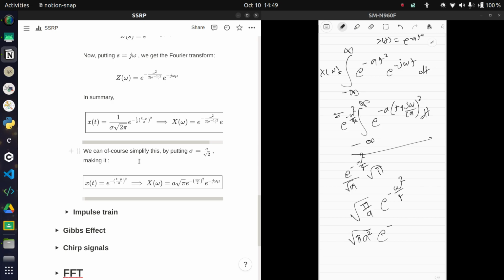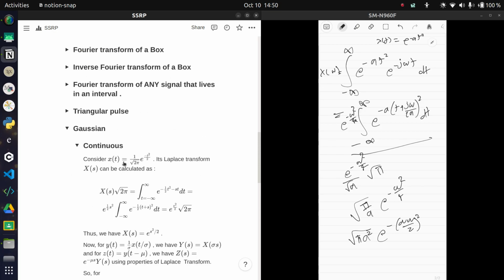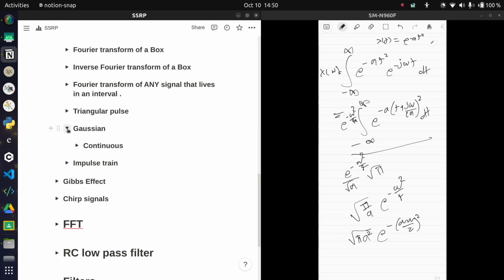Okay, right, I get it. And now instead of a you have a square, so of course. It's just a omega upon 2 squared. And this was square root of pi, of course, and then you have this extra thing because of the shifting. Yes, understandable. So this was easy as well.